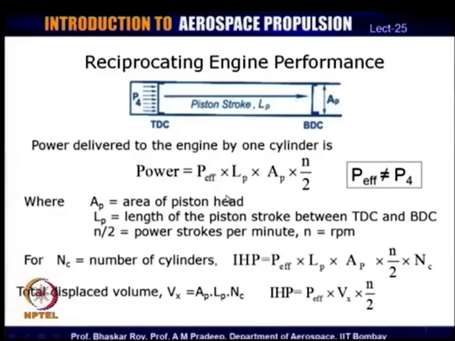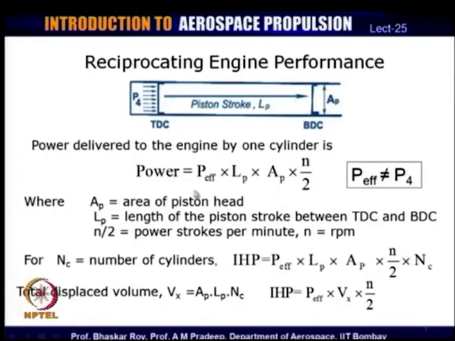So, it tells us very quickly that if we are managing to rotate the crankshaft at high speed, we are able to get more power, or vice versa, whichever way you look at it. And it is obvious that if you have more area of the piston, then you get more power. You have a longer piston length, which is the force into distance, and that is your work done from Newton's laws of motion, and as a result you get the power.